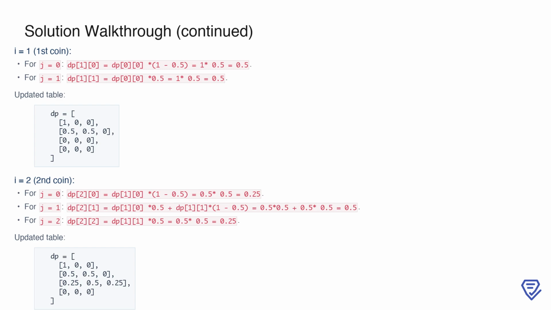For 2 heads, the calculation is dp[2][2] equals dp[1][1] times 0.5, resulting in 0.25. These updates give us a table where the third row is refined with probabilities for all possible outcomes.